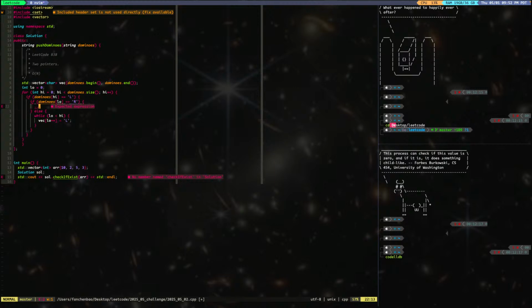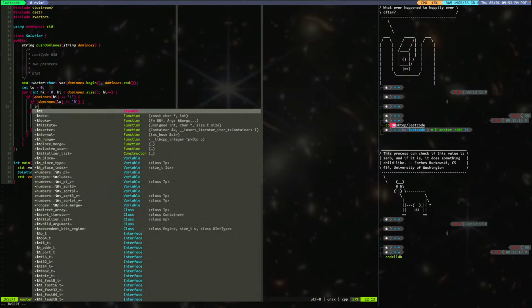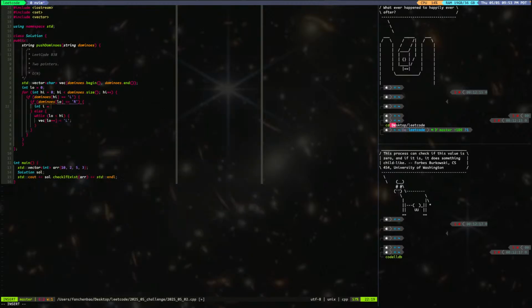So this is the scenario where low is R, high is L. Then we need to know how many are in between, right? We actually don't need to know how many are in between. We can just do i equal to low plus 1, j equal to high minus 1, right?